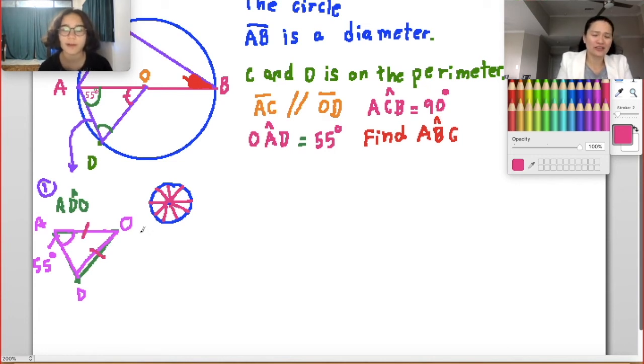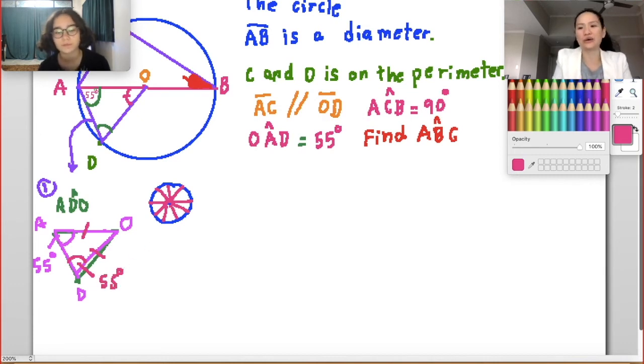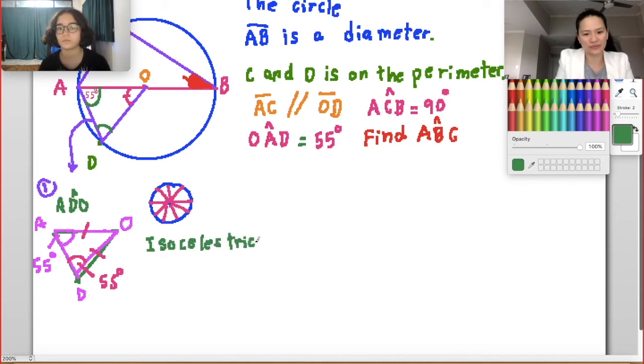So be 55 and 55. Yeah, so it's equal 55 as well. But let's tell our friend it's like the quality of the triangle that name isosceles triangle. I write down for you. Isosceles triangle. Okay. So that means ADO equal 55.